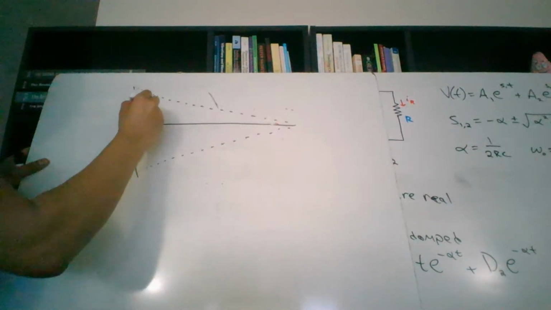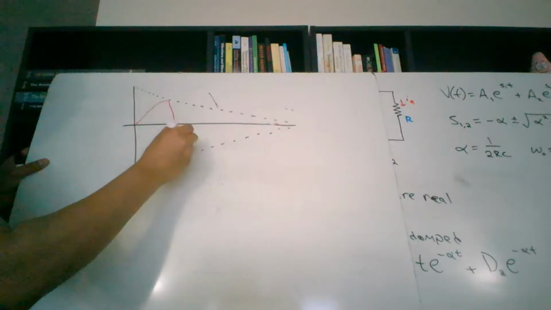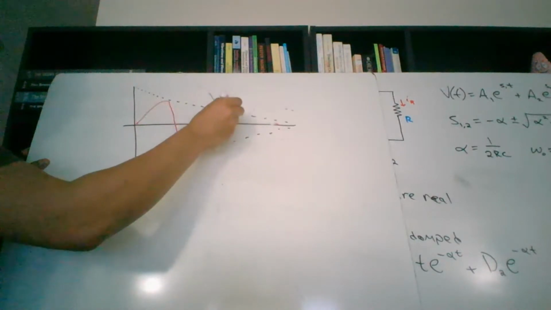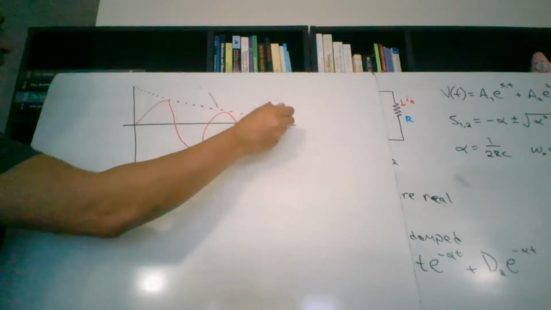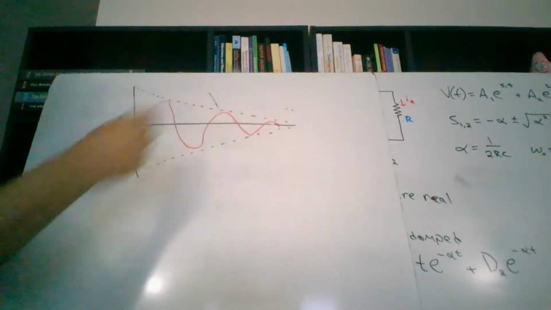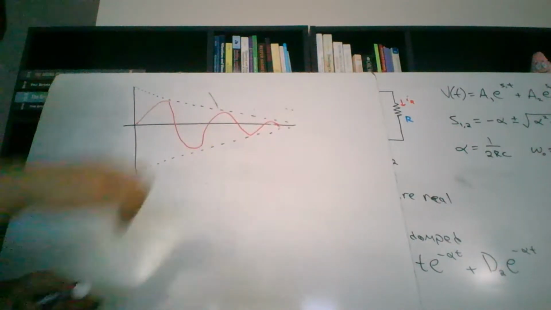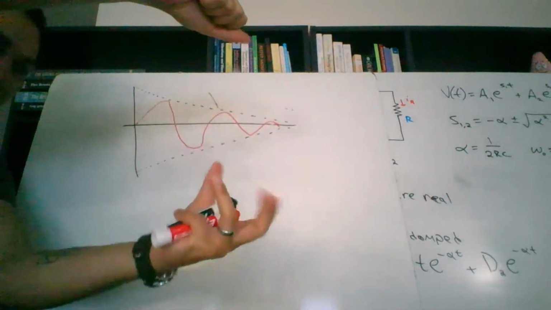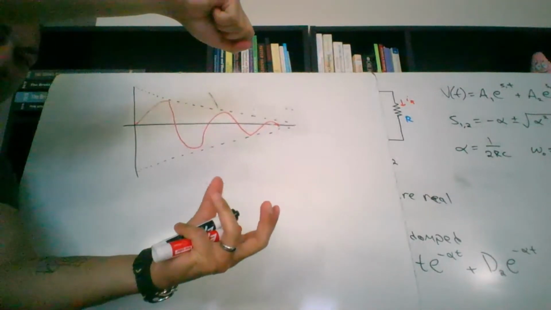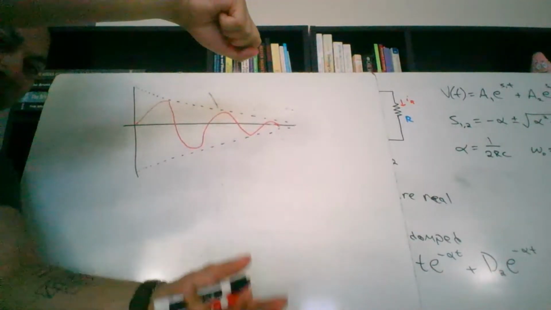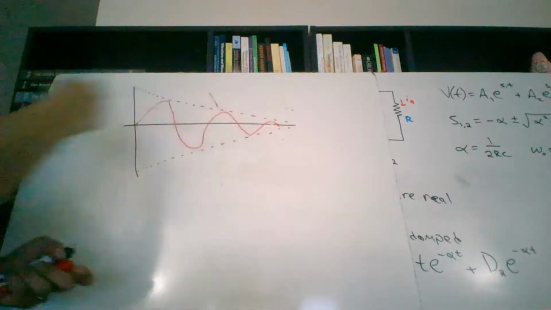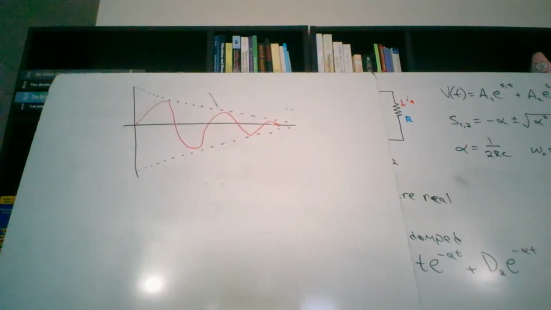It'll do its little bouncy motion and then come down, and the bounce is getting less and less, sort of like a spring. If you put a mass on a spring and let it go, it does this, but eventually it decays downwards. That's what the underdamped situation would look like.